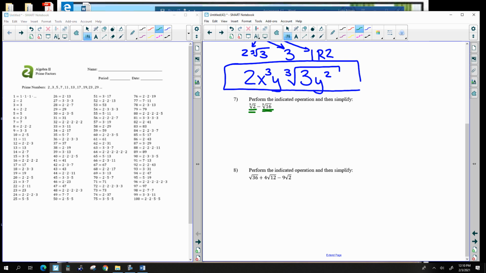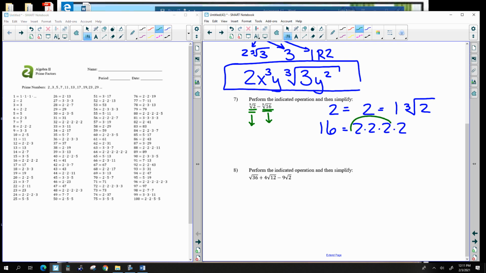Well, when you are presented with these problems, what you want to do first is simplify them. The first one is just the number 2, not paired with anything, so that's just going to be 2, cube root 2. 16 is the same thing as 2 times 2 times 2 times 2.